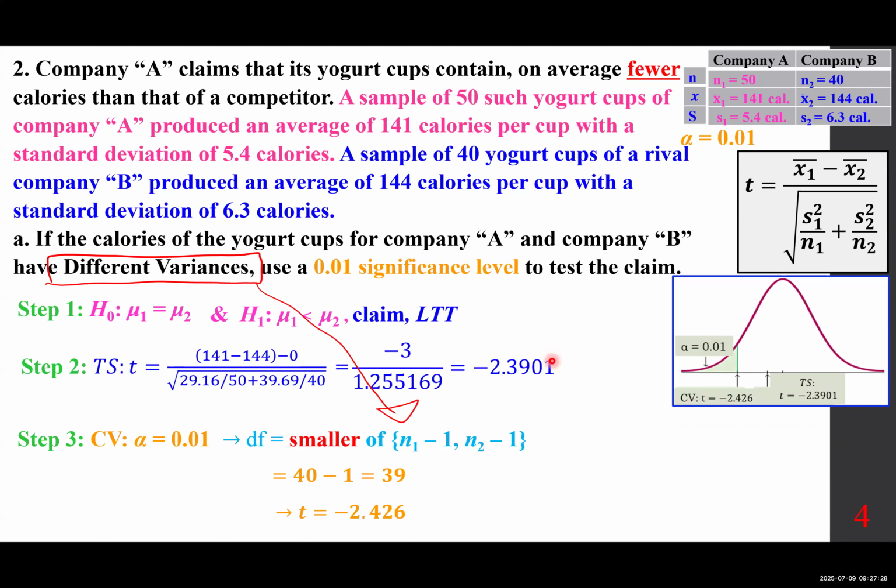Where do we put the test statistic of negative 2.3901? Somewhere here. Again, this is not to scale by any means, but it's way into the non-rejection region. The left tail is the rejection region, RR.